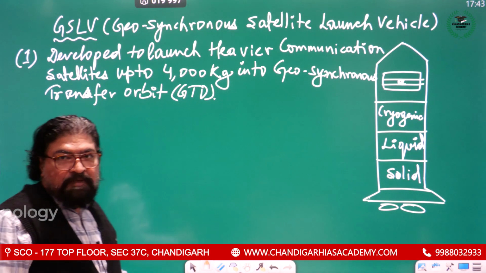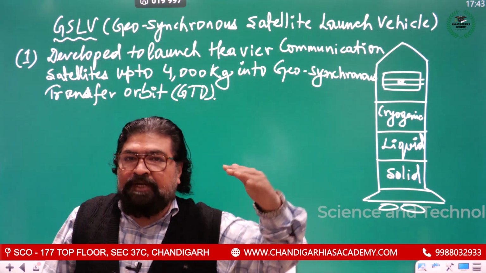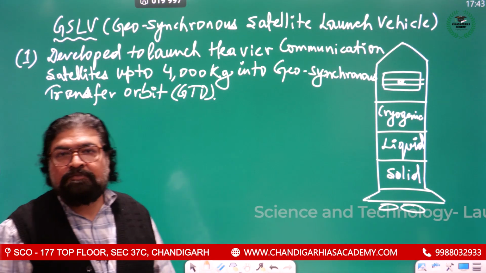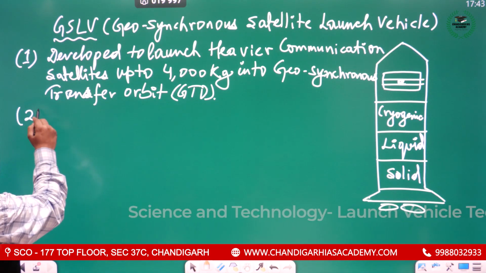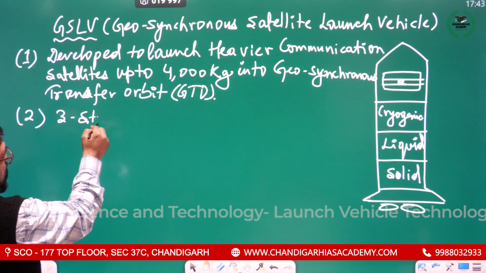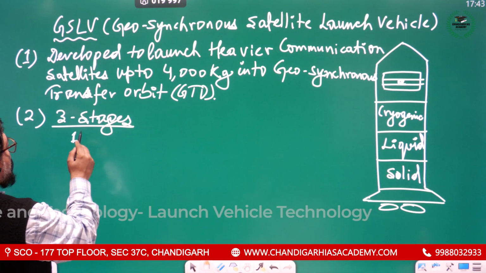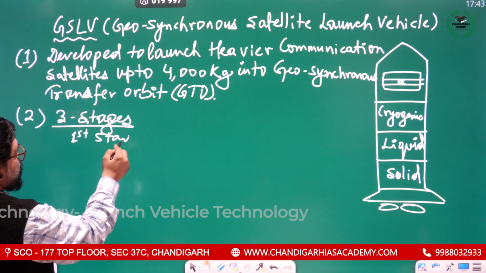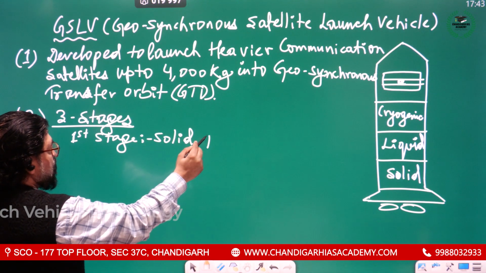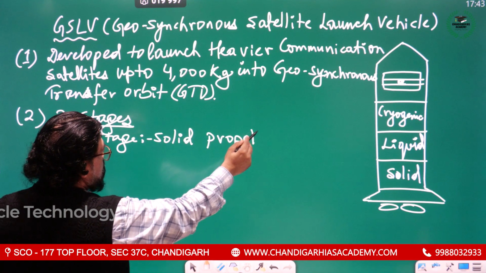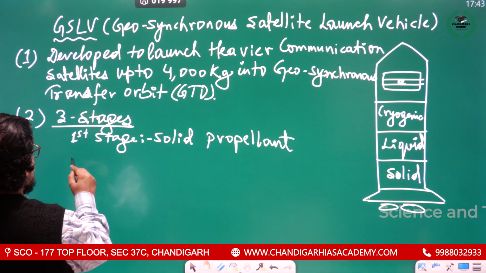But in the lower orbit, we can carry double the payload, up to 8,000 kilogram or 8 tons into low Earth orbit. That also can be done with the GSLV. Now here, what is the thing? 3 stages, right? First stage uses solid fuel, just similar to PSLV, S139 strap-ons.